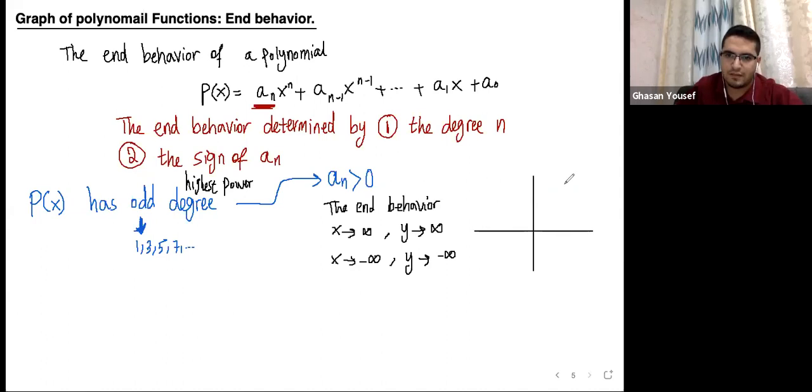Here is my polynomial. As we see here, when x becomes larger and larger, the y value becomes large at the same time. It goes up, as you see. The same thing for the negative side: if x goes to minus infinity, the y value goes to minus infinity.